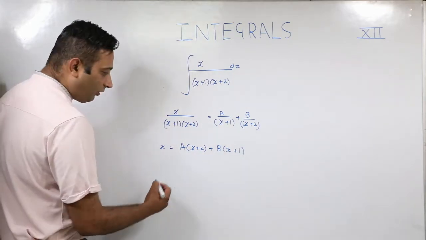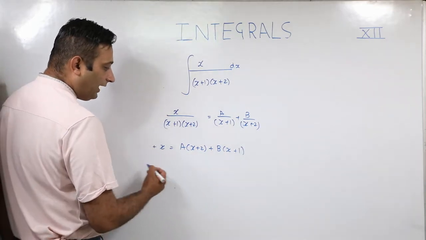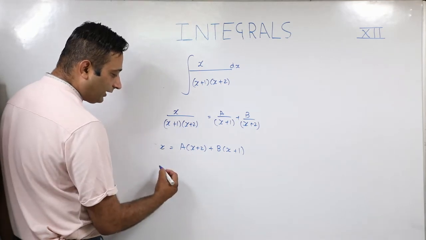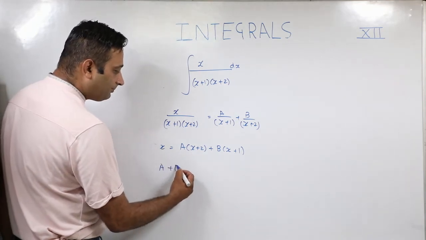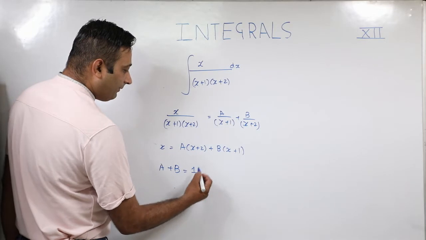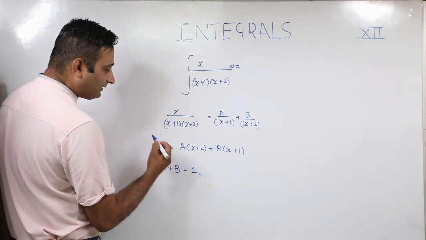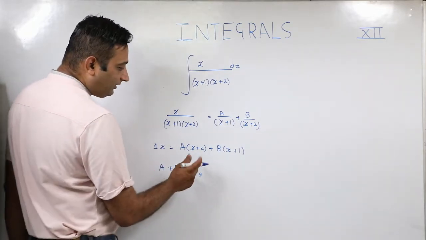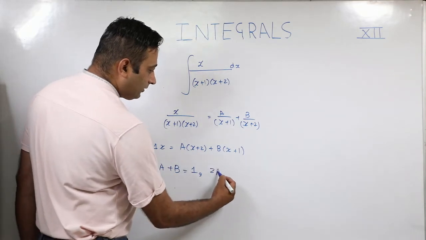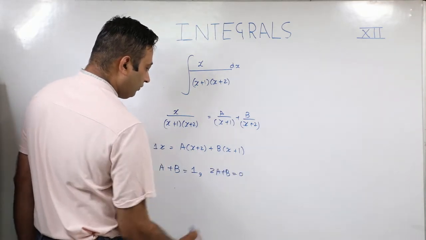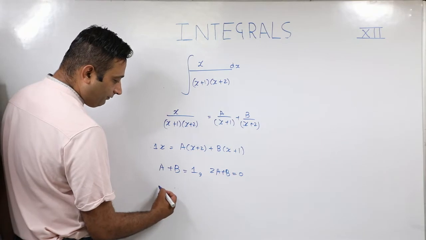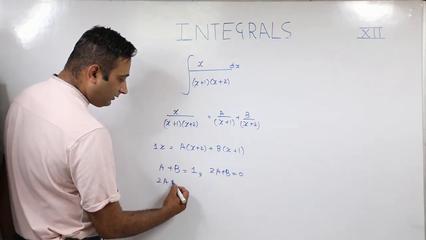Now we'll compare the coefficients of the constant term and the coefficient of x on both sides. We'll get a plus b is equal to 1, because the coefficient of x on the left hand side is 1, and the constant term 2a plus b will be equal to 0. By solving these two, we'll get the values of a and b.